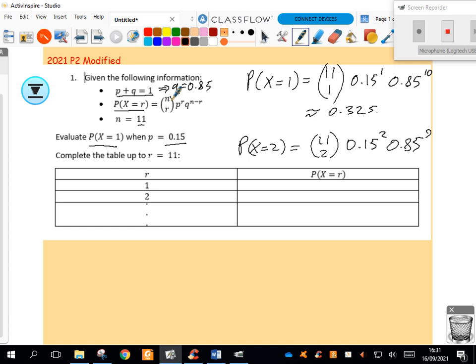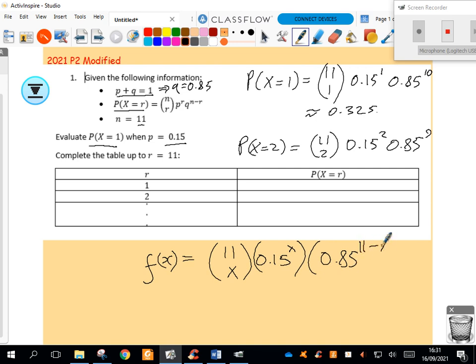So actually you could use your calculator to generate this table of values by inputting the function 11, which is fixed, choose x, times 0.15, which is fixed, to the power of x, times 0.85 to the power of 11 minus x.